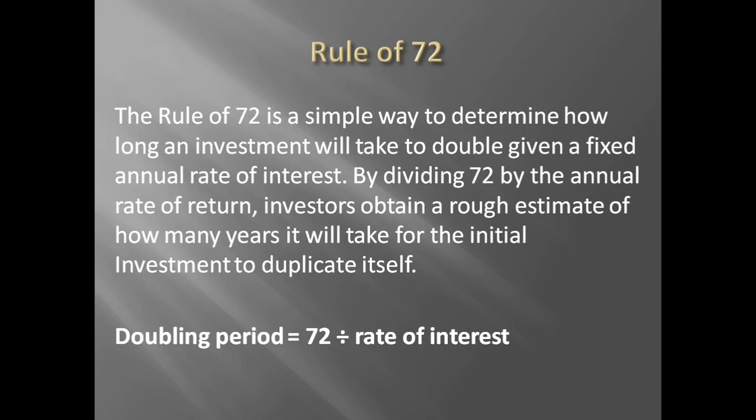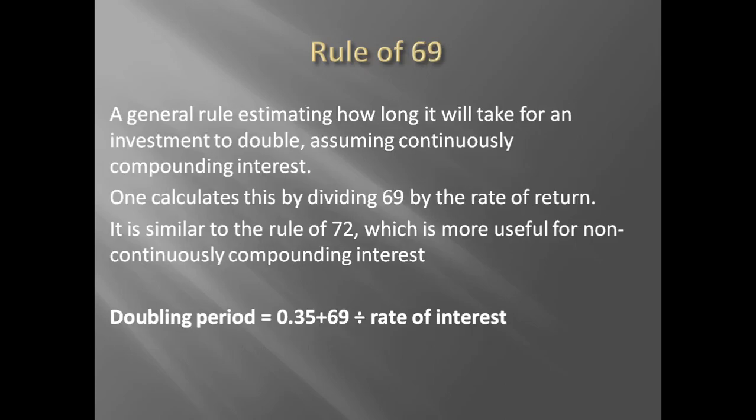Here, we divide 72 by the annual rate of return. Investors obtain a rough estimate of how many years it will take for the initial investment to double itself. So, doubling period is equal to 72 divided by the rate of interest. This is the formula for calculating the doubling period under rule of 72.